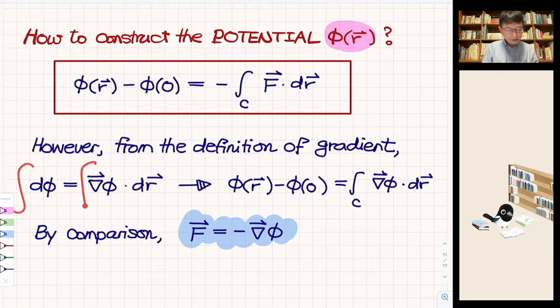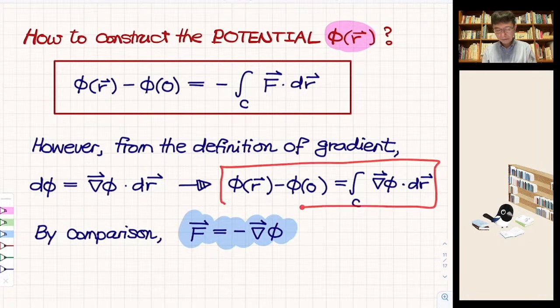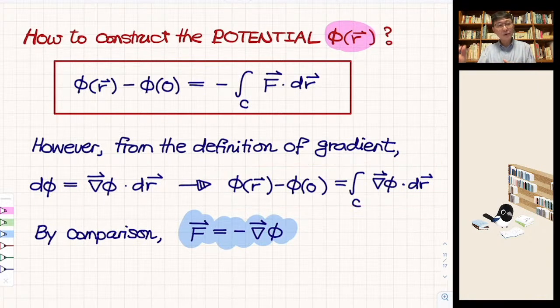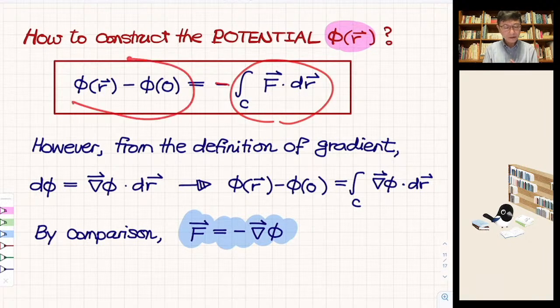And if you just integrate on both sides, integrating d phi just gives you delta phi, so that's the phi difference between 0 and r. And the integration over this is nothing but this. So then compare this expression here. This is delta phi equal to gradient phi dot dr, integrated over some contour. This is the vector field f, integrated over dr with a minus sign, equal to delta phi again.